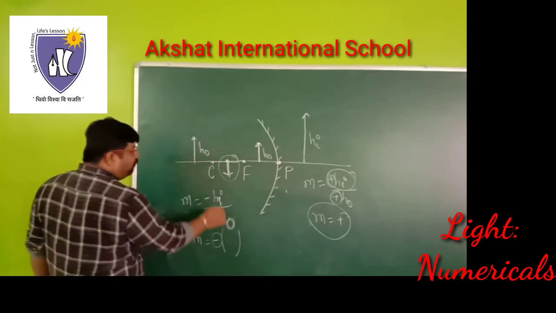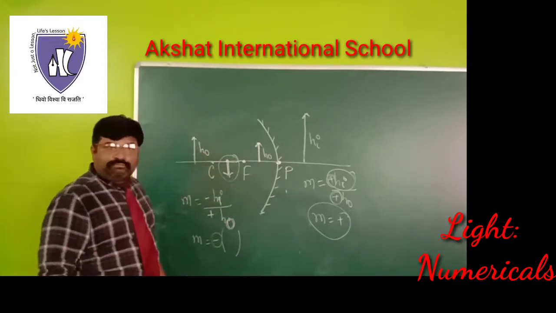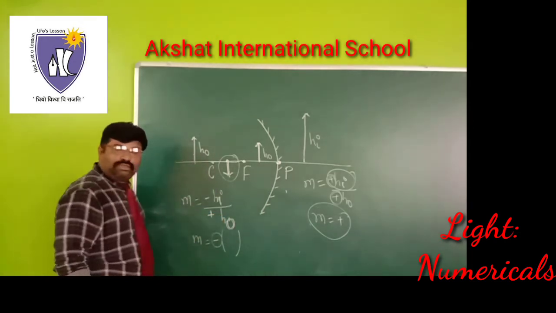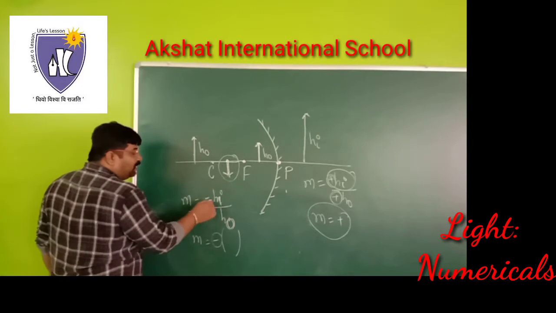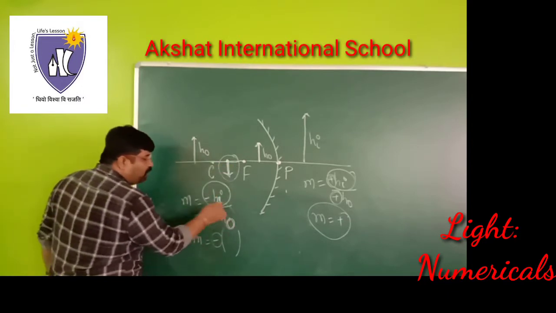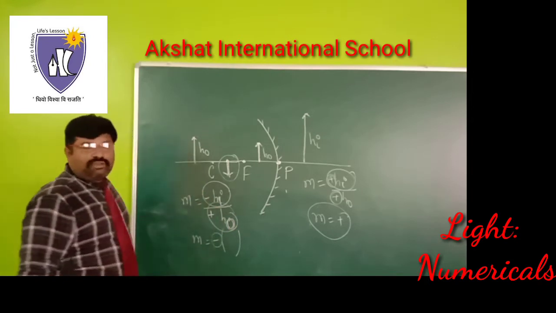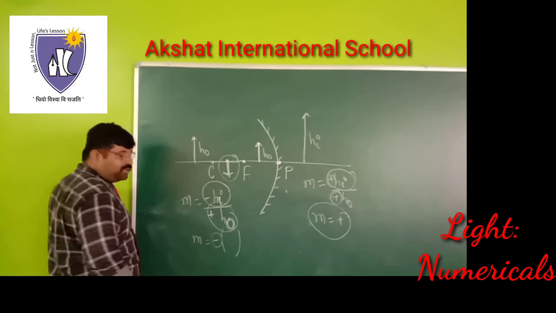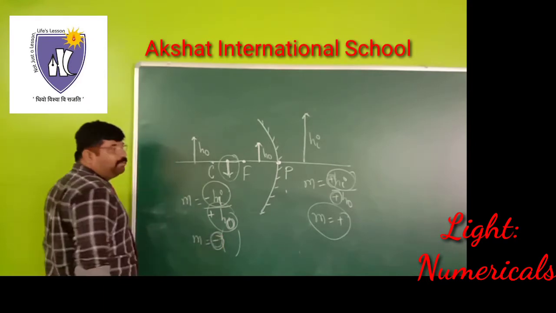Okay, so by using the formula hi by ho, we can find out that the height of the image in this case is negative and the height of the object, as I said, is always positive. Fine. So m is minus hi by ho. The overall calculation will be negative.